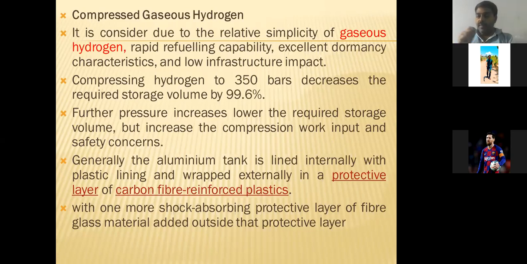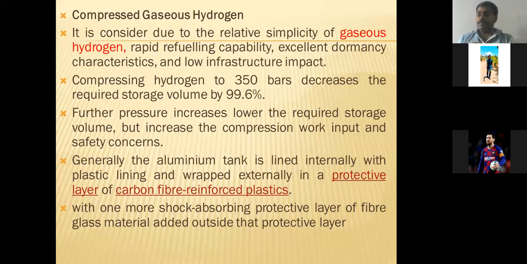Another important thing is that there is always a chance of reaction of this hydrogen with the material you use for your tank. Let us consider your fuel tank. You prepare it with aluminum, because aluminum is a light material. Just now I told you, for getting a good mileage I don't want a large amount of weight, so the fuel tank should also be prepared with a light material. Among light materials, aluminum is one.